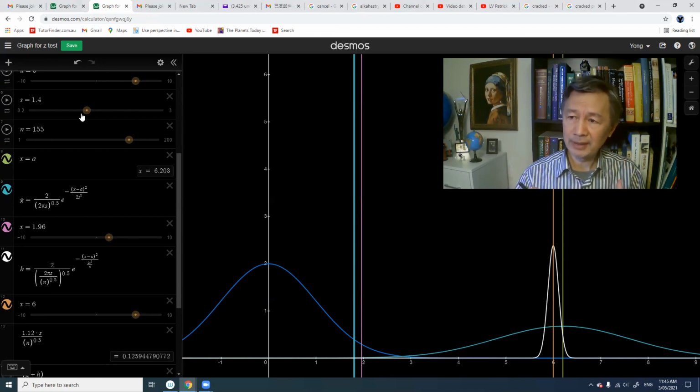So we change our mind, we change our mind easily, just because the sample standard deviation changes, or the sample size n changes. So you can see from this illustration, the conclusion in your hypothesis test depends greatly on uncertainties.